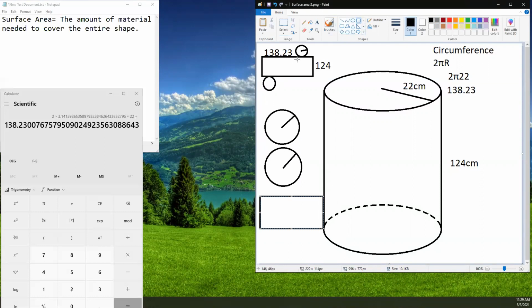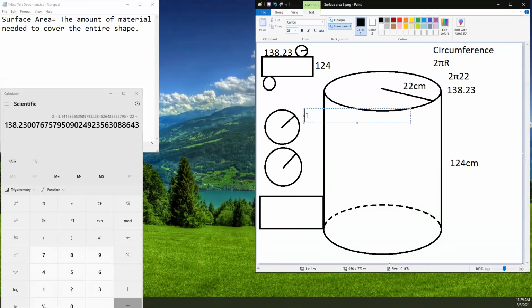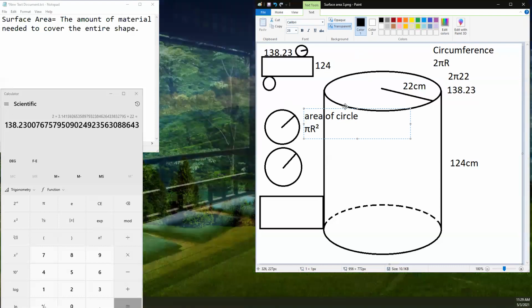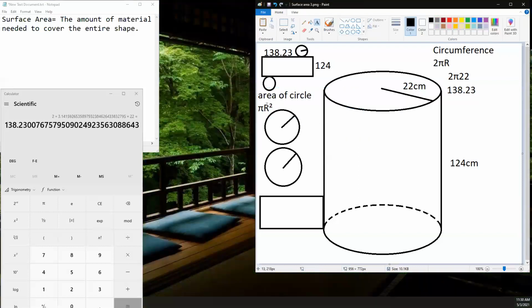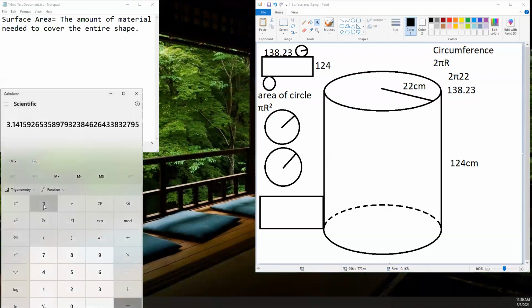I'm not going to redo the numbers because we know the numbers. All right. Area of a circle is pi r squared, so we just have to do that formula, well, 2 times, right? They're the exact same circle. Top and bottom are the same. So we do pi times r, which is 22, squared, equals.